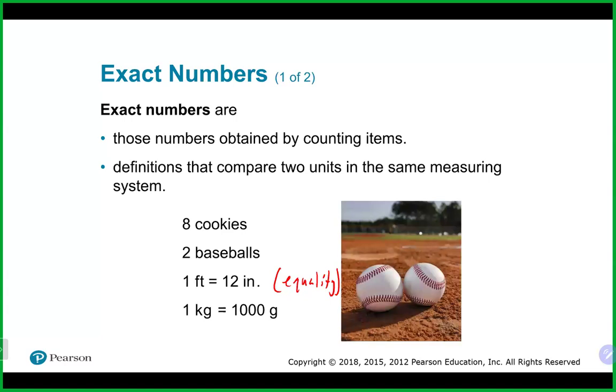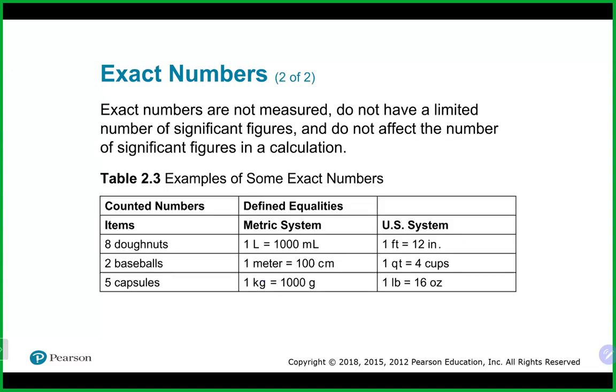So when we do calculations, we really just look at numbers that have significant figures to help us decide how far we should take our answer. And we're going to talk about those rules shortly as well. But if you come across something that's an exact number, you don't really need to worry about it. And again, these are all exact numbers.